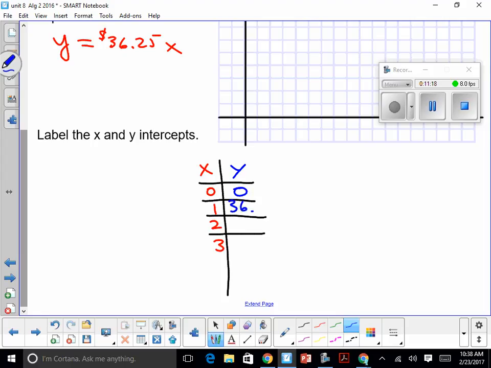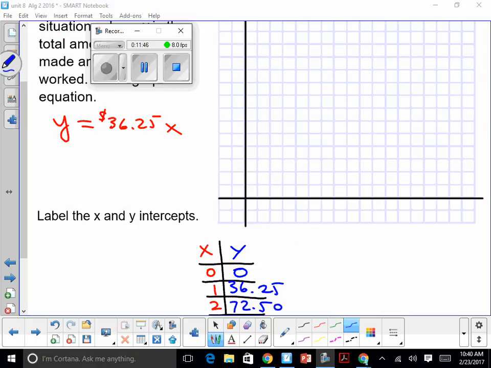What is the 2? 72.50, because it's money, I'll put the 50. And then the 3 was what? 108.75. At this point, we're opening computers to go to decimals. Write the following that I'm writing on the board.